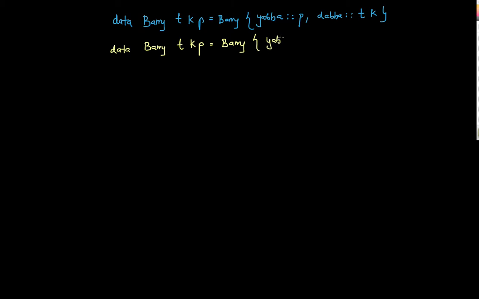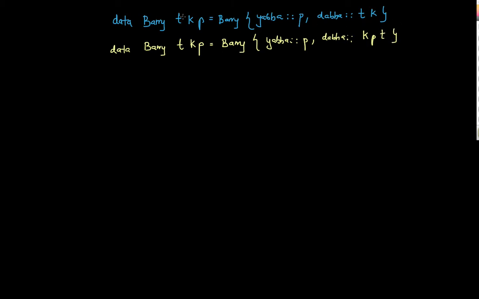The first component is yaba, but let's keep this also having the type variable p associated with it, and then I'm going to have daba. For daba, let's make it slightly interesting: I'm going to have now k, p, and t.